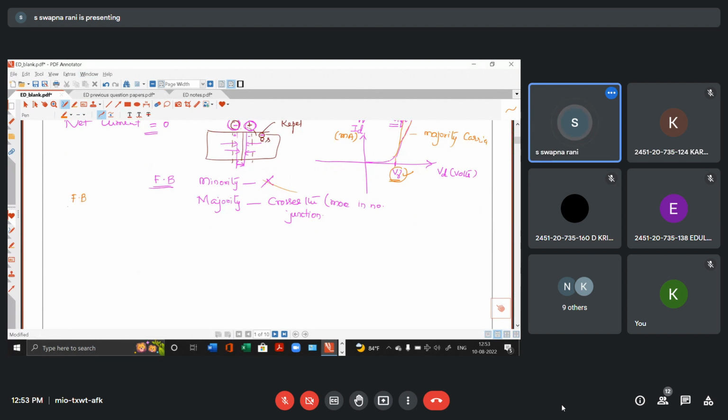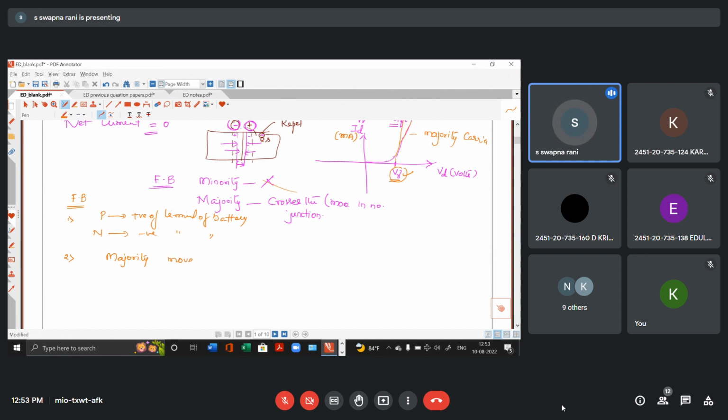So first we will write here, forward bias. P is connected to the positive terminal of the battery and N is connected to the negative terminal of the battery. First and second, majority charge carriers will be moving towards the junction.